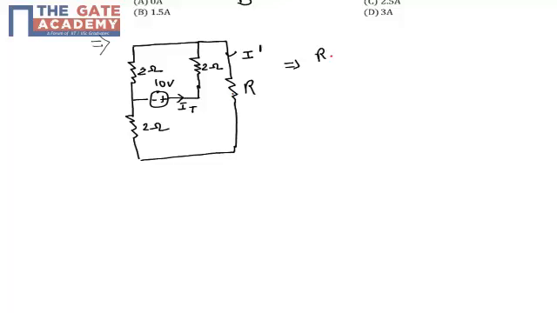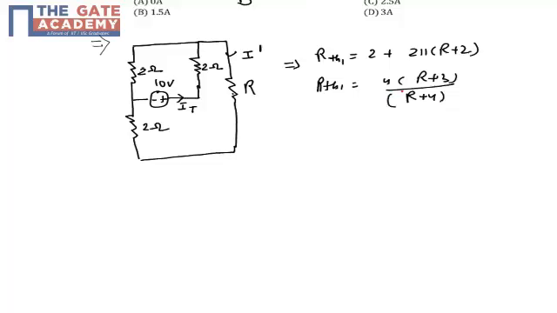So R equivalent for this network is 2 plus 2 parallel R plus 2. If I solve this equation, my RTH1 comes out as (4R plus 3) upon (R plus 4).